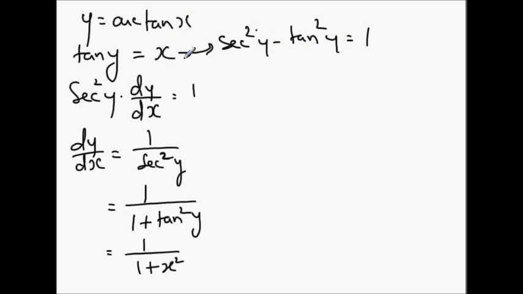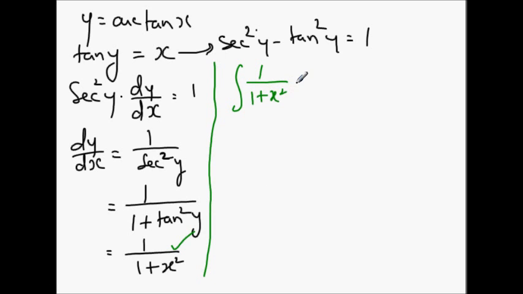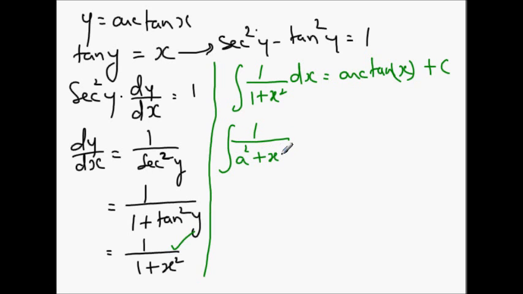Now let's do inverse, that is the integral of arc tan x. So what is the answer? The answer is here. So integral of 1 over 1 plus x square dx would give you arc tan x plus c, because that's the way the integration works. It's antiderivative. But we are more concerned about finding something of this type, a square plus x square.